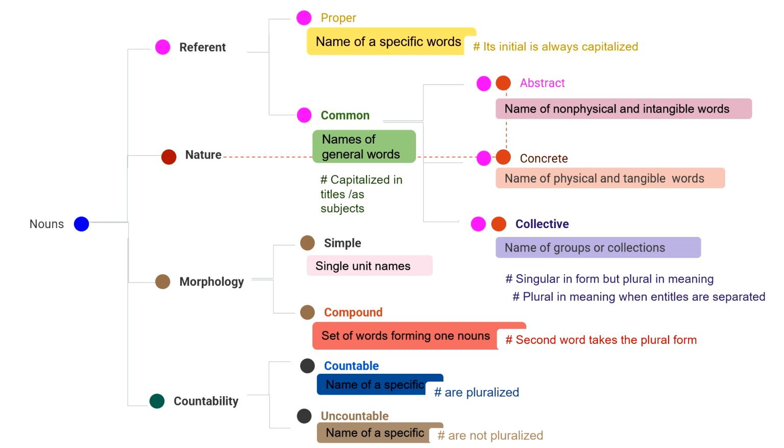However, they can be classified as proper or common according to their reference, as abstract, concrete, or collective based on their nature, as simple or compound according to their morphological structure, and as countable or uncountable depending on our ability to count them. Please pause the video and check the chart for further details about these types, and make sure to scrutinize the examples in the upcoming slide for a more tangible distinction between these types.